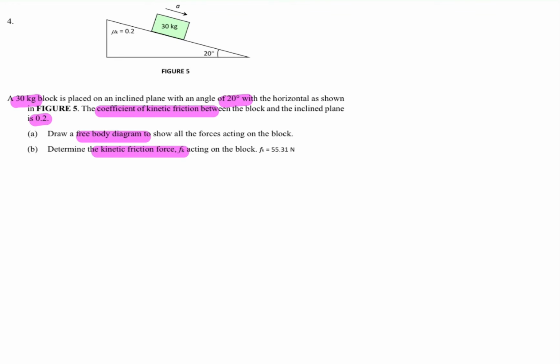Now just write down all the information given. So mass is 30 kilogram and the angle is 20 degree, and mu, the coefficient of kinetic frictional force, is 0.2.